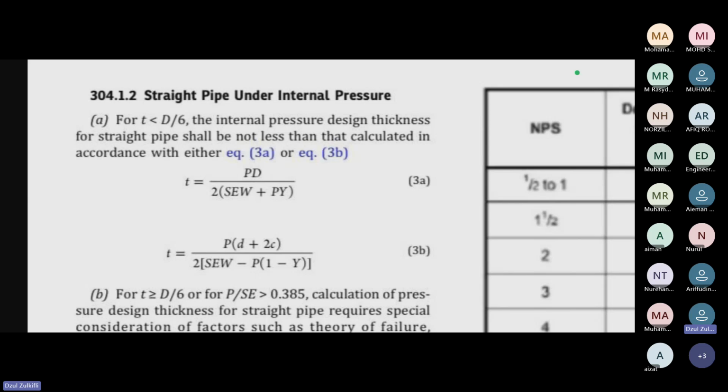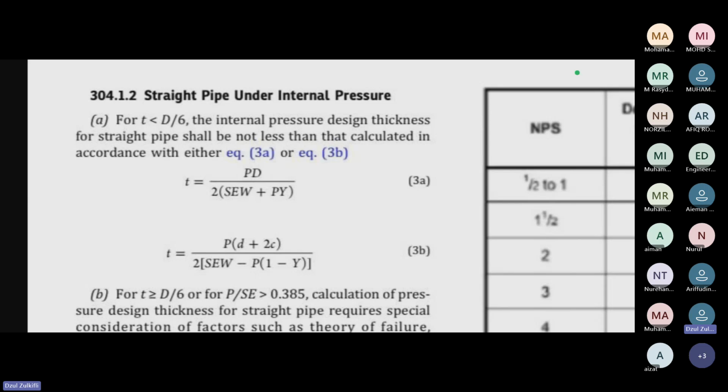Okay, alright. So I'm just going to do a very quick recap on the design part. If you don't get anything else from all the detail that I said earlier, to be very simple: for vessel, you should know that there is internal pressure, external pressure, wind, and nozzle. For piping, there is internal pressure and weight.